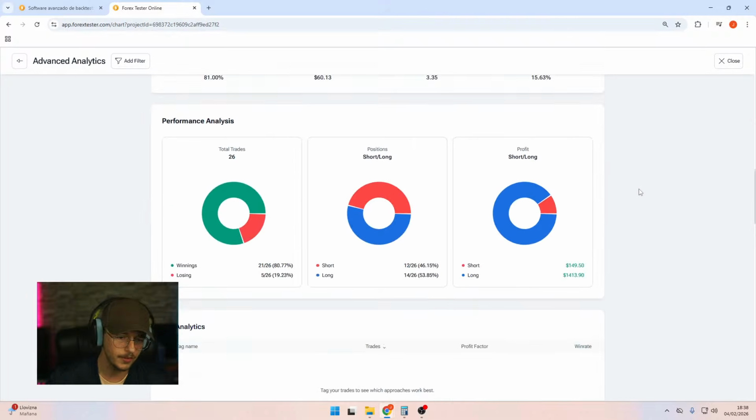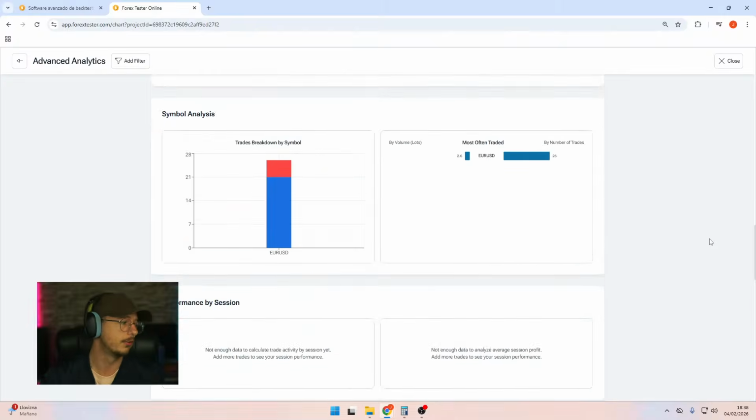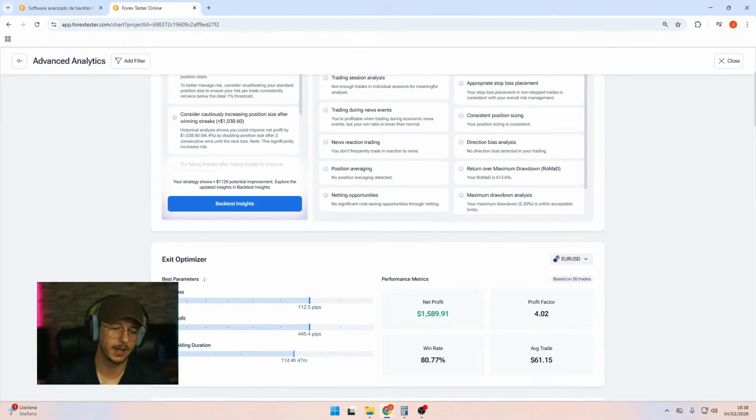If I come back down again, I can see that the average loss is 132. So this makes sense if we look at the stop loss that the optimizer has given me, because it says 112. It makes more or less sense to use this. And if I scroll around, I can see that if I take it below, the net profit drops.